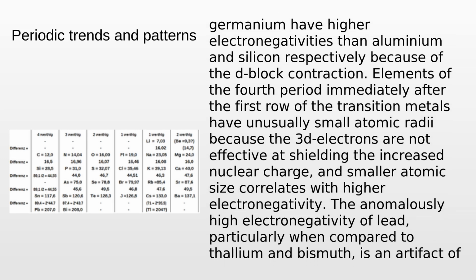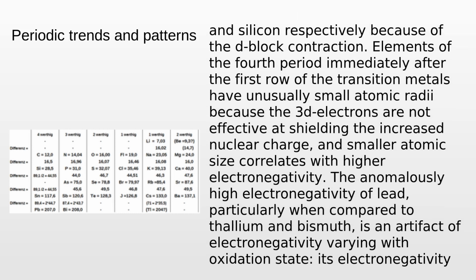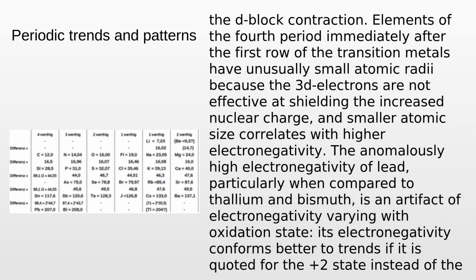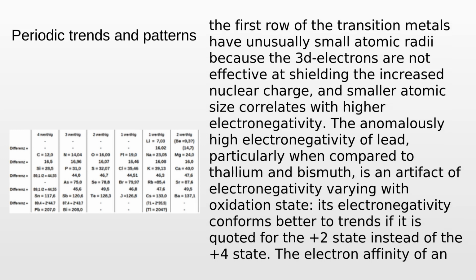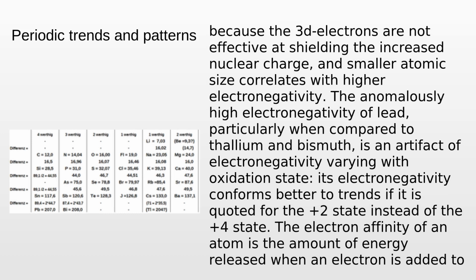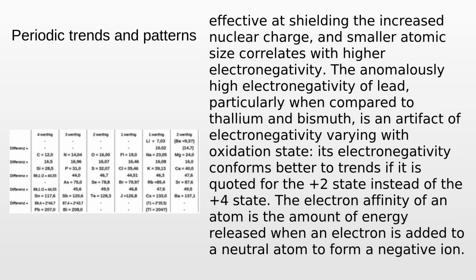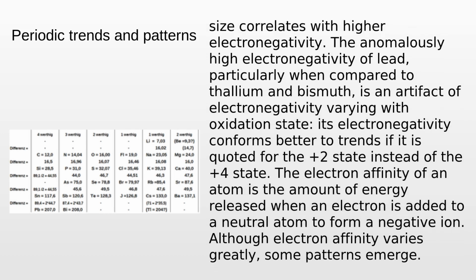Gallium and germanium have higher electronegativities than aluminium and silicon respectively, because of the d block contraction. Elements of the fourth period immediately after the first row of the transition metals have unusually small atomic radii because the 3d electrons are not effective at shielding the increased nuclear charge, and smaller atomic size correlates with higher electronegativity.